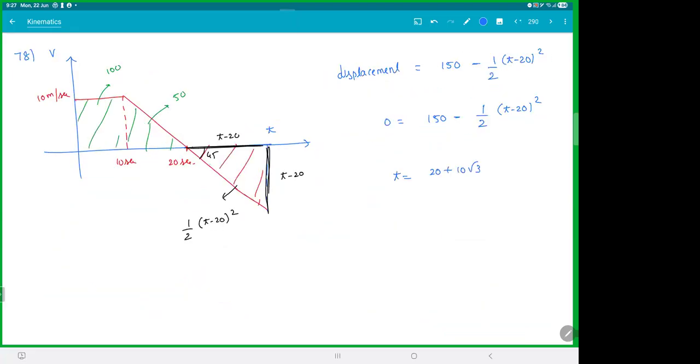These are the five standard graphs. We don't have anything on AV graph.